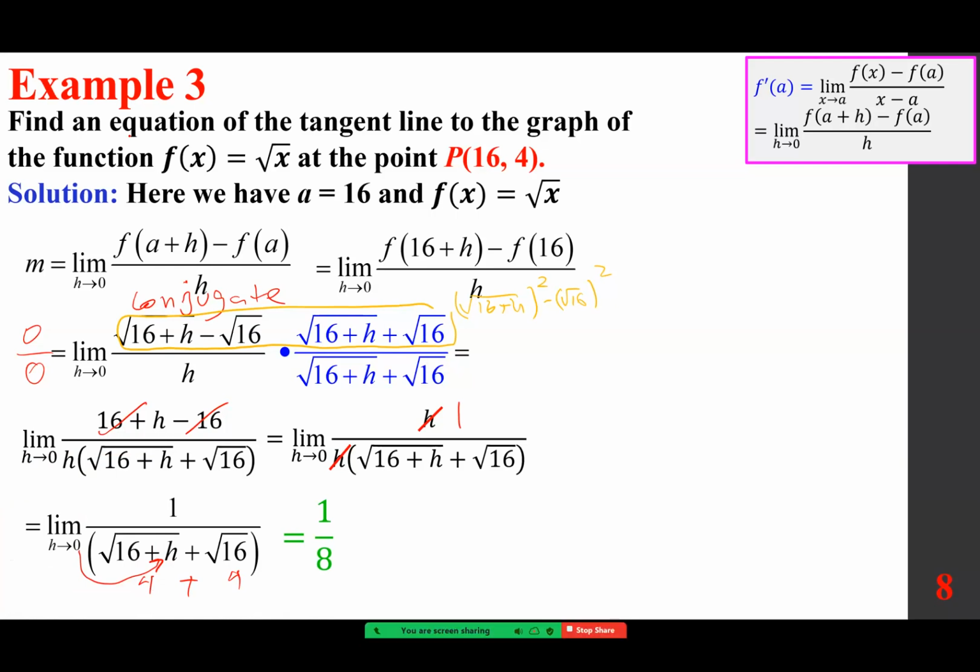We want the equation of a tangent line. Y minus y1 is m times x minus x of 1. Y minus y1, which is 4, equals m, 1 over 8, times x minus x of 1, which is 16.